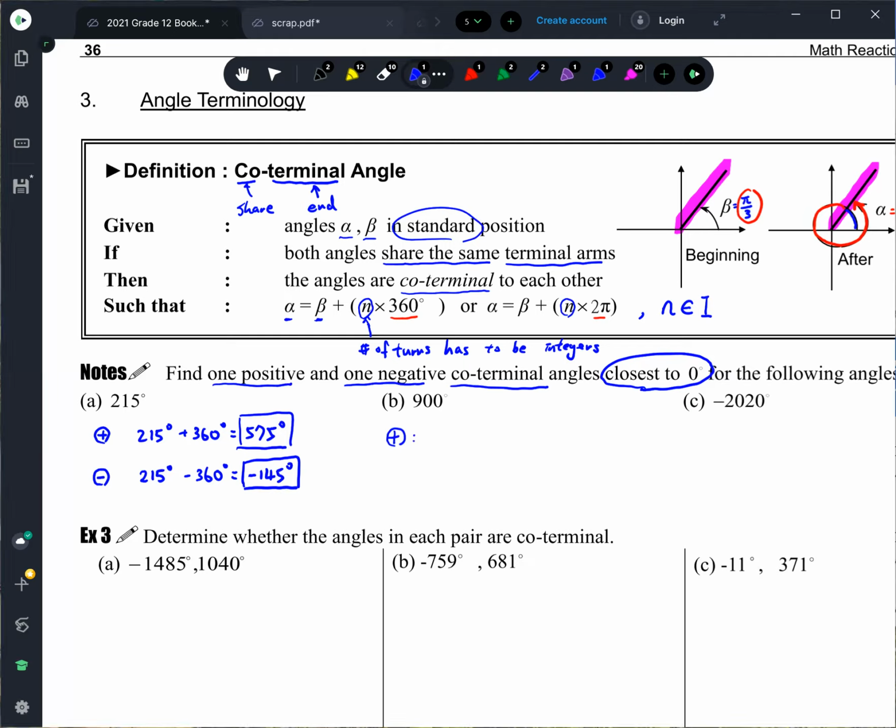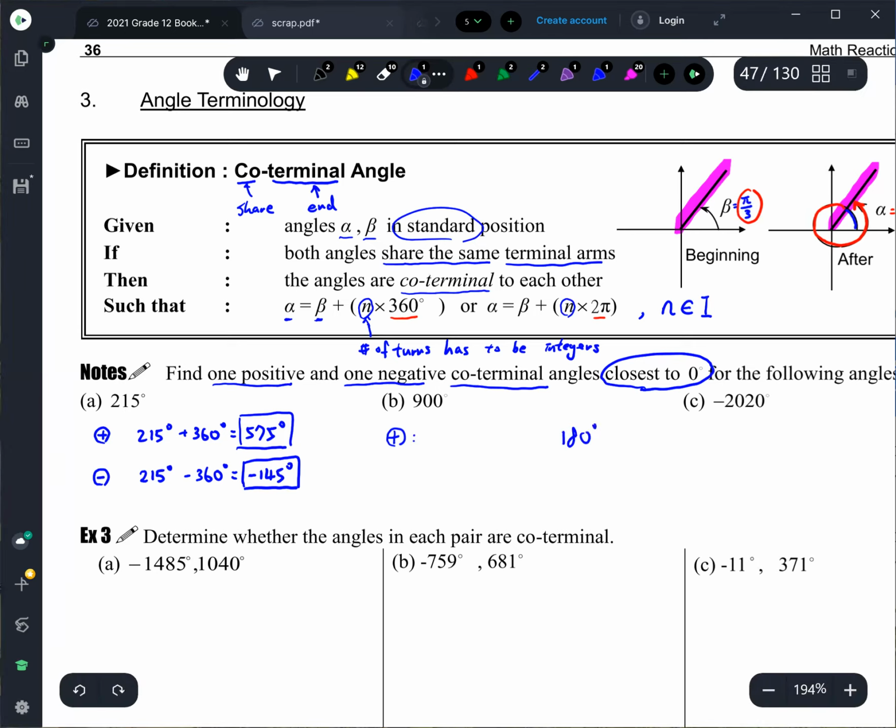All right, Waylon, what's your answer for the positive coterminal? I got 180. Can you tell us what you did? Basically I just multiplied 360 by 2 and then subtracted that from 900. Very good. So for 900 degrees, you take away 2 turns of 360. Good.